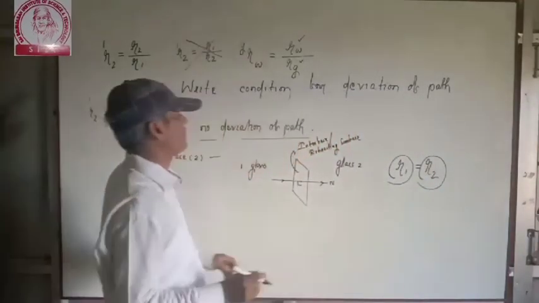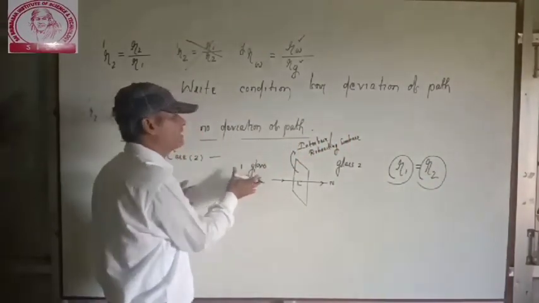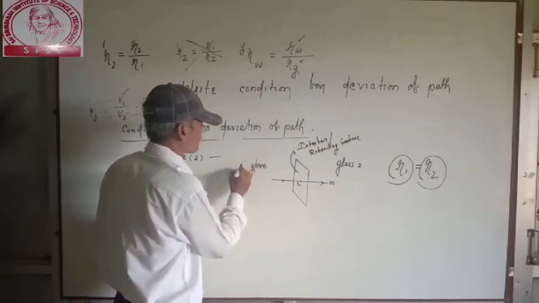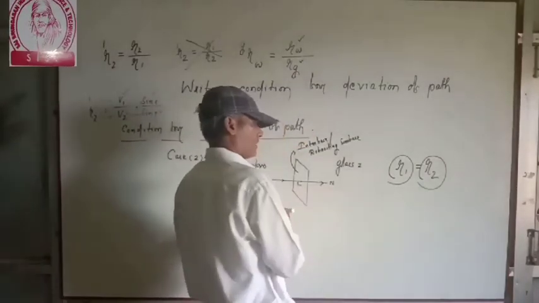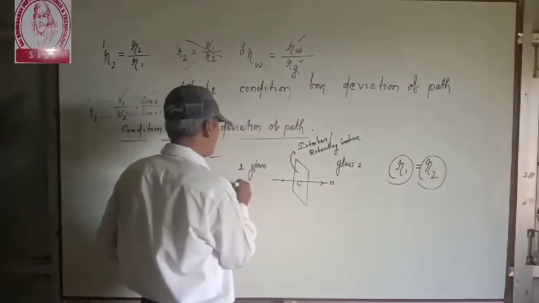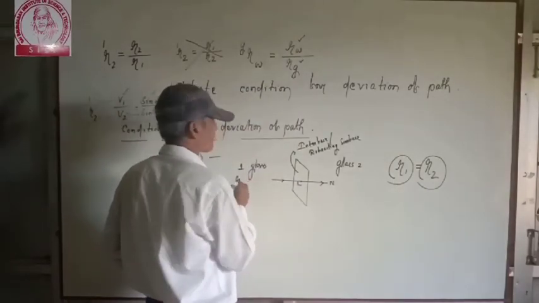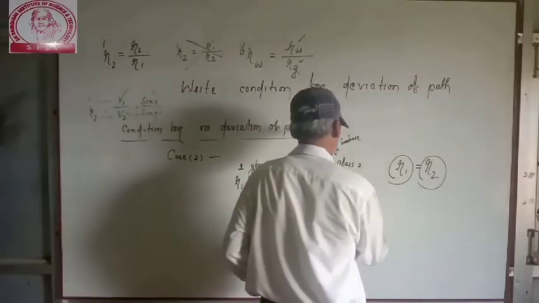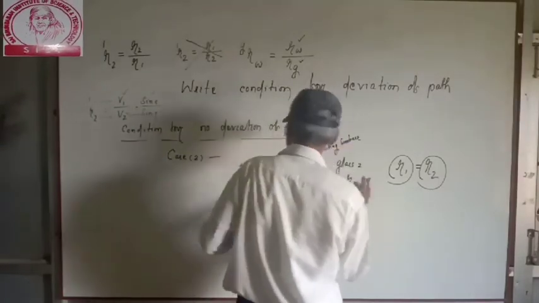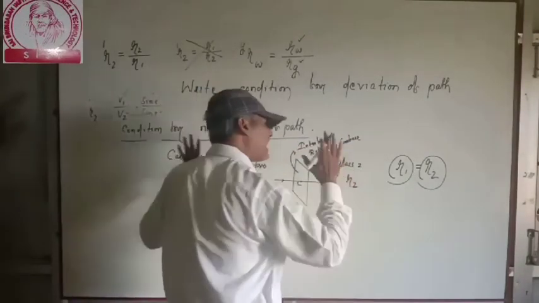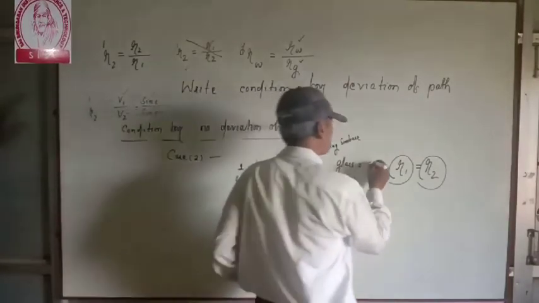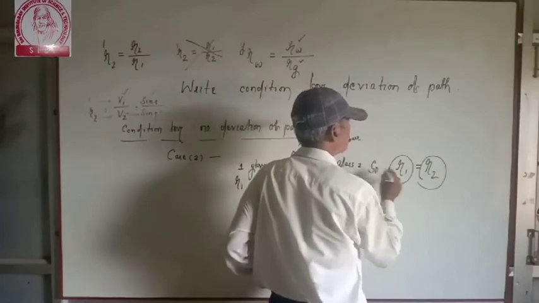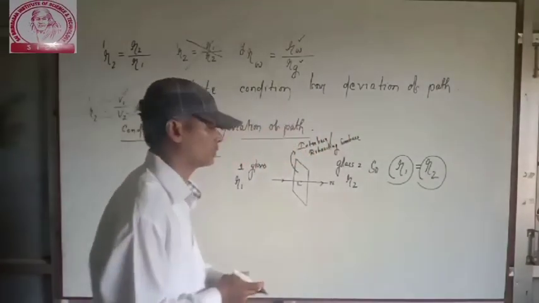So now the first medium is glass, the second medium is also glass. The refractive index of the first medium is mu1 and of the second is mu2. Both the mediums are made of the same glass, so mu1 is equal to mu2.